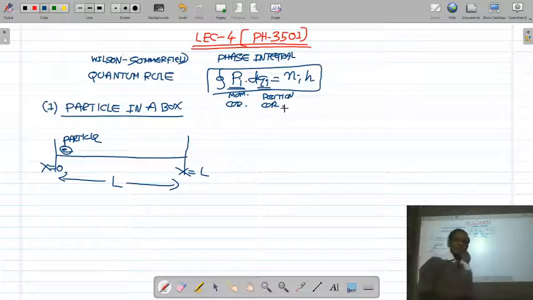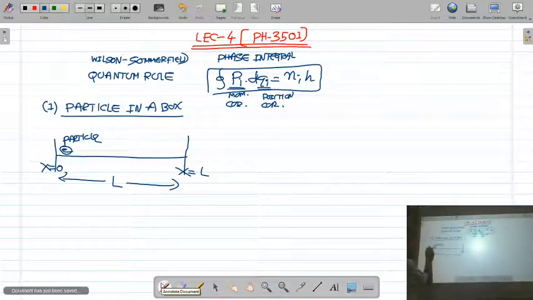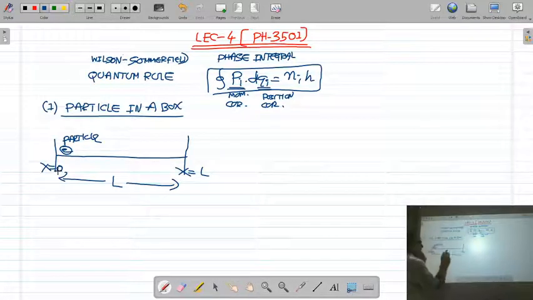In the last lecture, we discussed that the electron is moving between two rigid walls, x equals 0 and x equals L, of the one-dimensional box of length L. The particle is moving along the x-axis, so it has only the x coordinate.